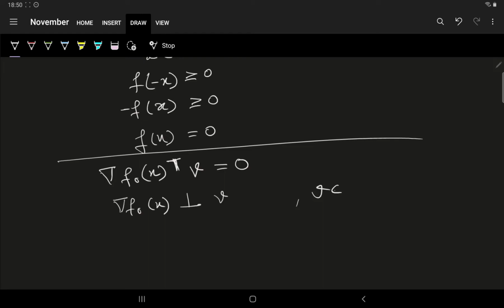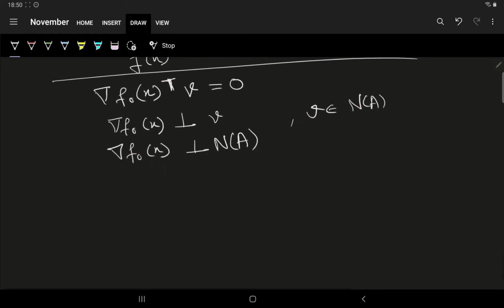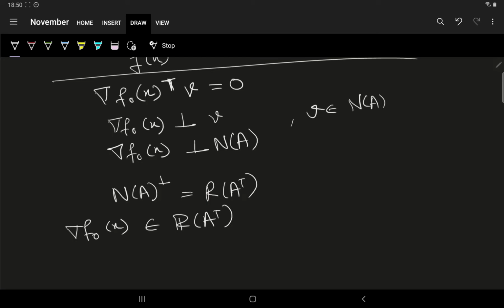And v belongs to null of A, means del of f naught of x is perpendicular to null of A. Also, if anything is perpendicular to null of A, it belongs to range of A transpose. So it means del of f naught of x belongs to range of A transpose.